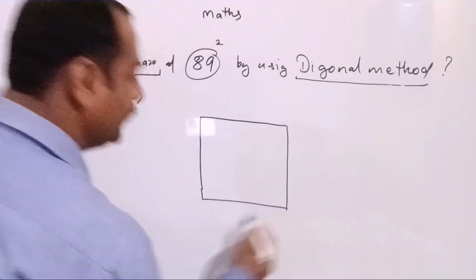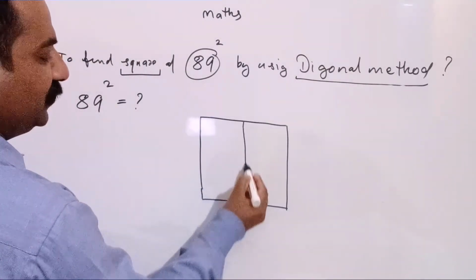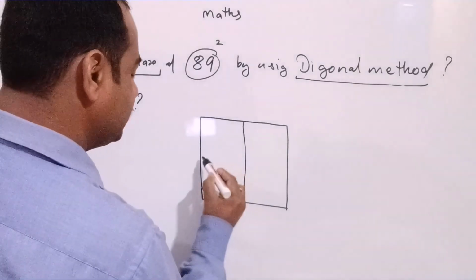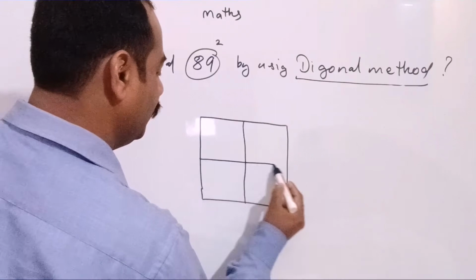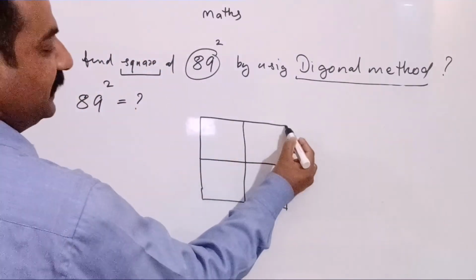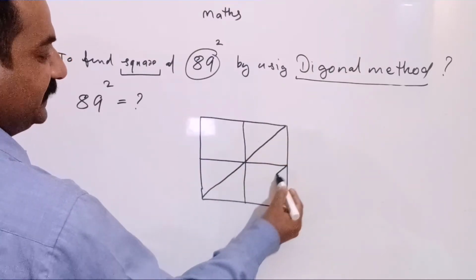This is the square. Now divide this square into 2 equal halves and then horizontally into equal halves. Right? Make the diagonals like this.